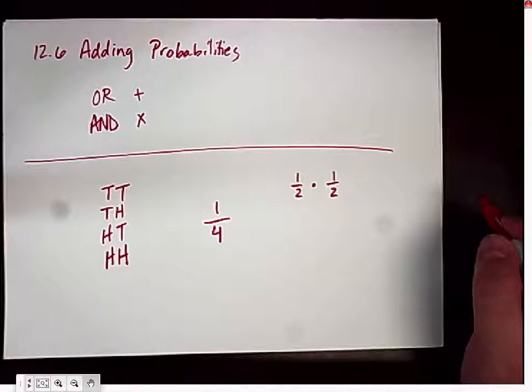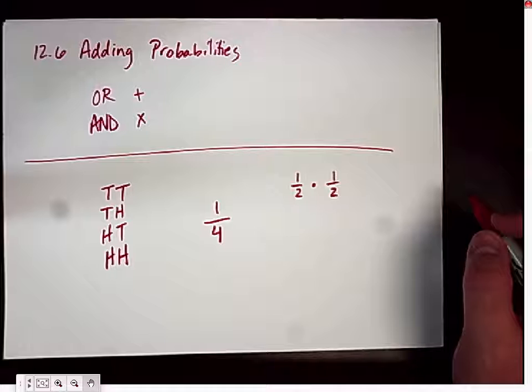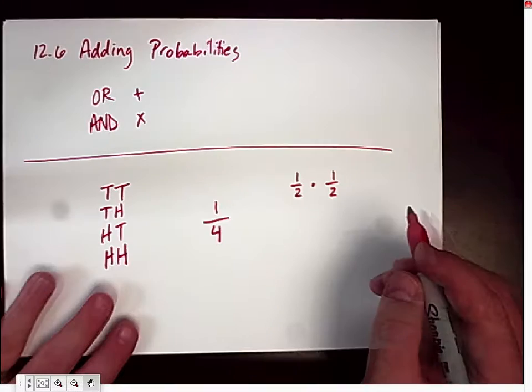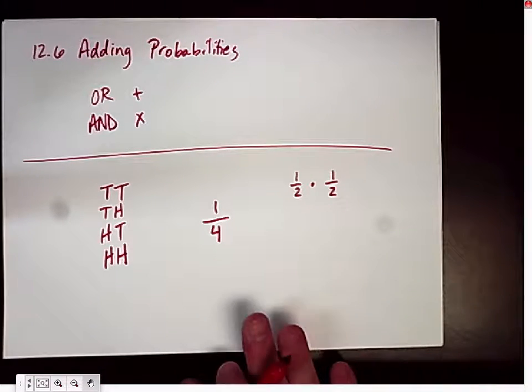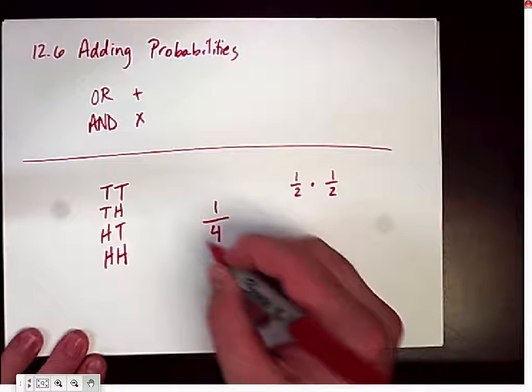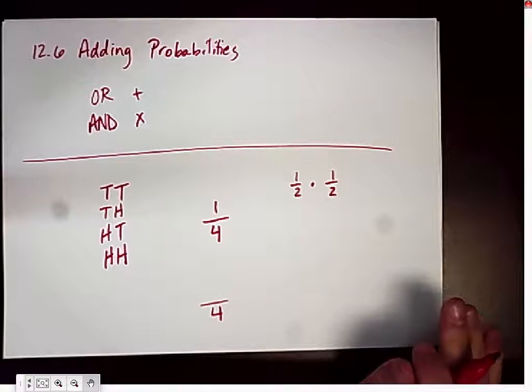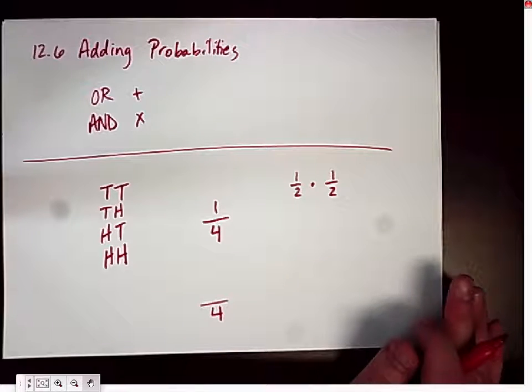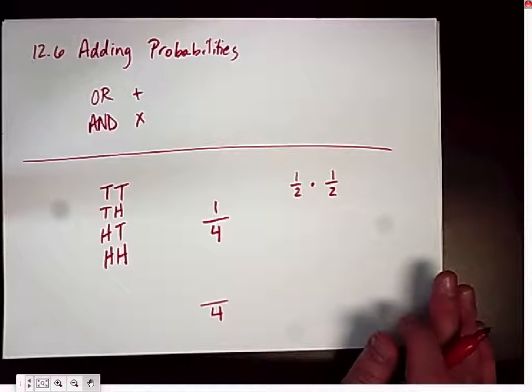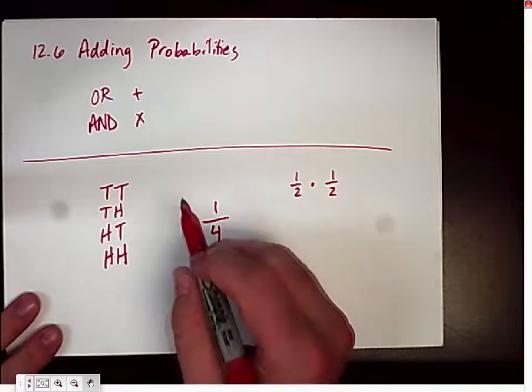Well, or is a little different. What if I said, what's the probability that the first one's heads or the second one's heads? Okay, well, let's look at the 4 outcomes. How many of those is the first one heads or the second one heads? 1, 2, 3. 3.